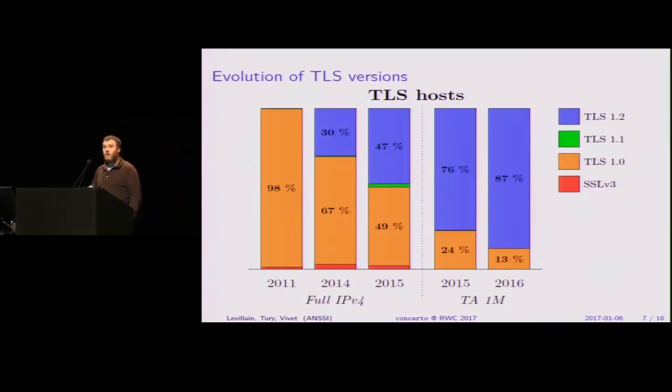So you can see that TLS 1.2 is getting some attention and is finally being deployed. Just don't forget that it was a specification that was published in 2008. So we could have better results, but at least it's starting to be used.